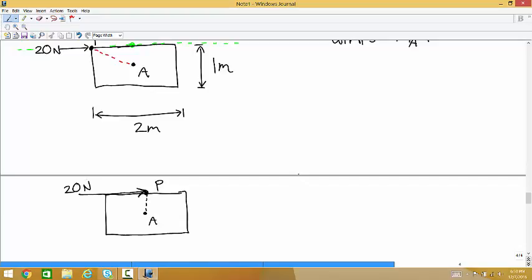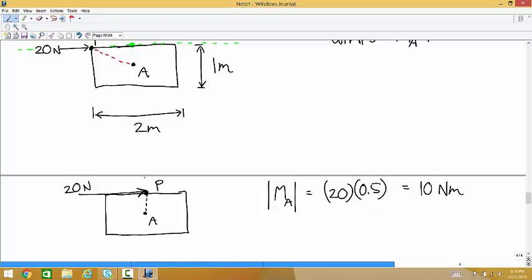And so now the absolute value of the moment is 20 times the length of this line. So what's the length of this dotted line? 0.5. So that's 10 Newton meters.